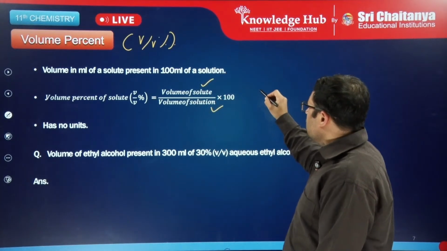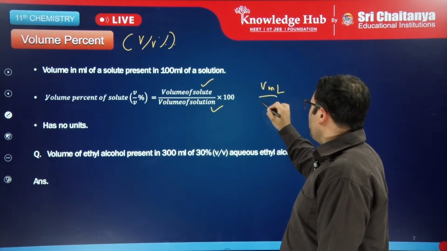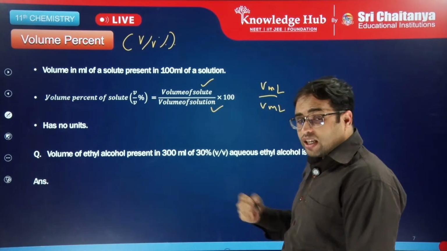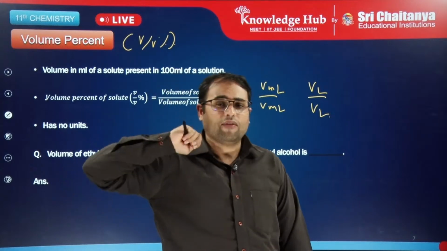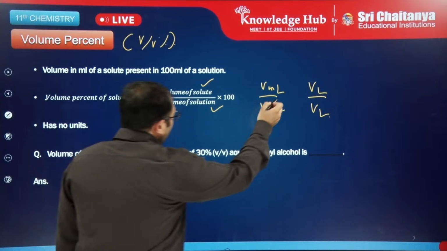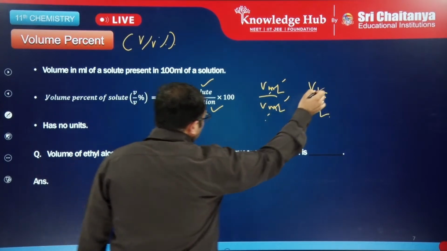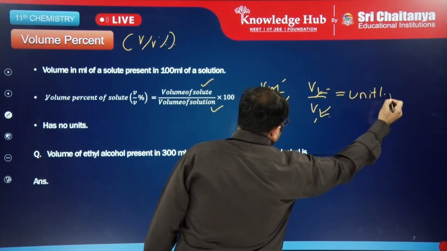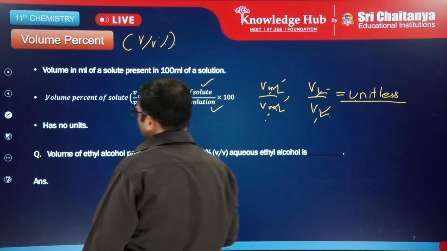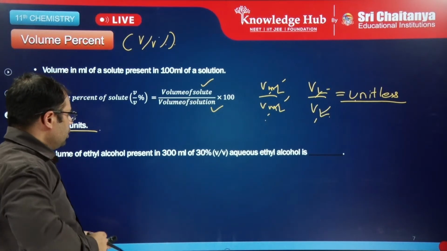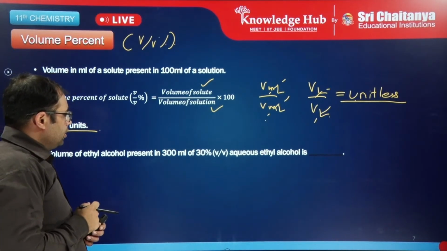In this case, these volumes can be either ml or liters, just both the units have to be the same. And because both are volume units, these units get cancelled out, and this is actually unitless. It has no units.